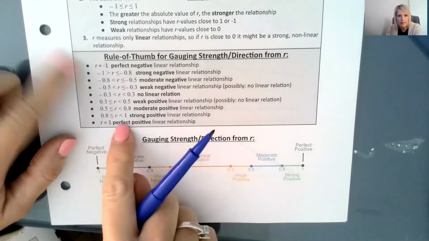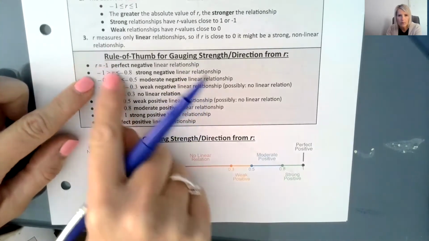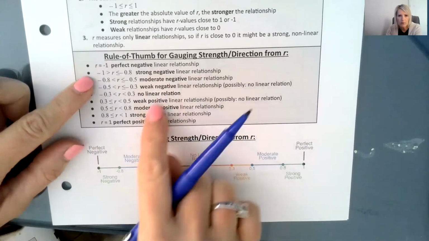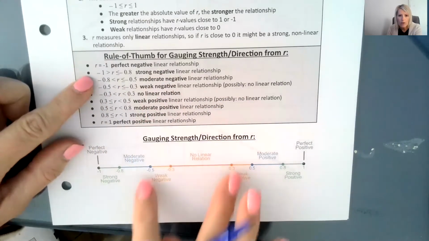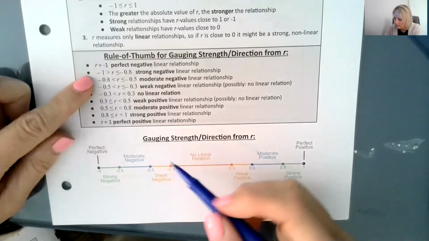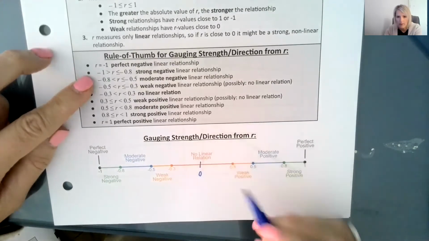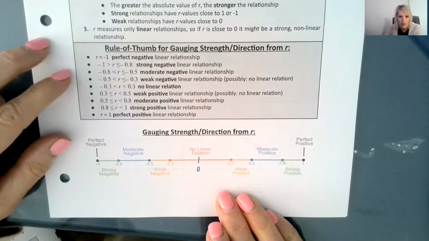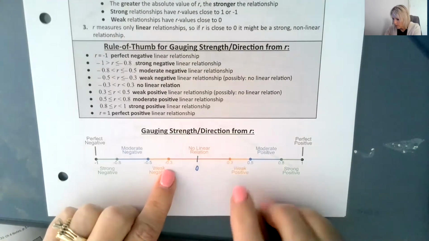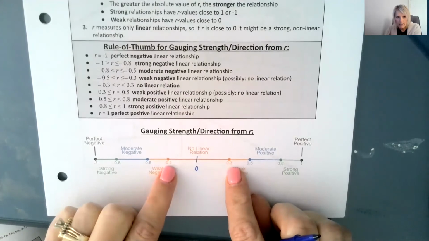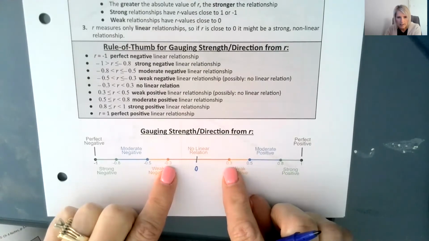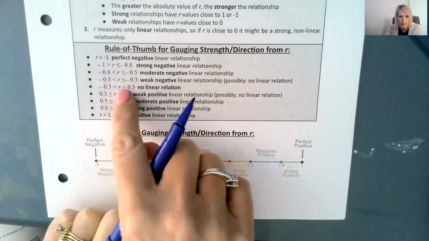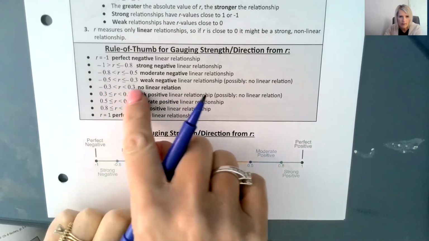So if you would rather read an inequality where a number is between two values, it will give you the direction and the strength, or you can just use this number line, where 0 is right here in the middle. So you can see here in this red area that between -0.3 and 0.3, there's no linear relationship, and that is right here in the inequalities.